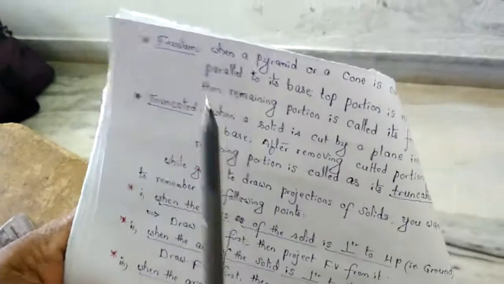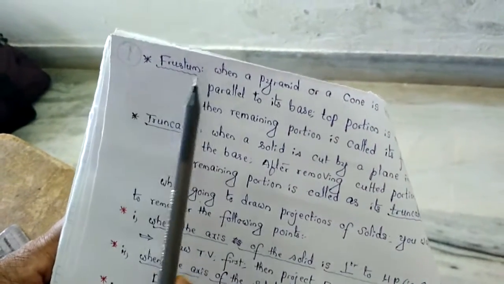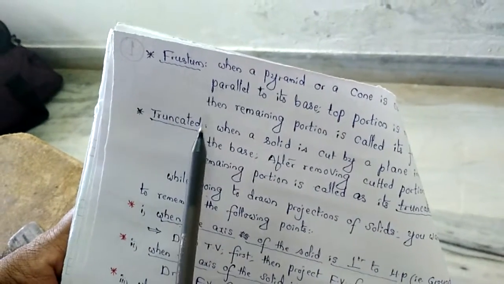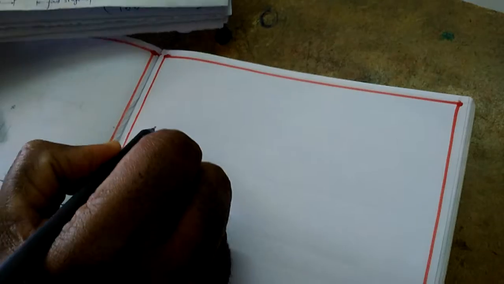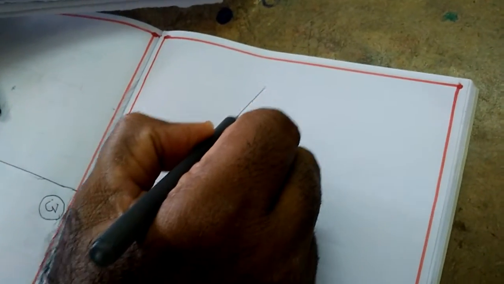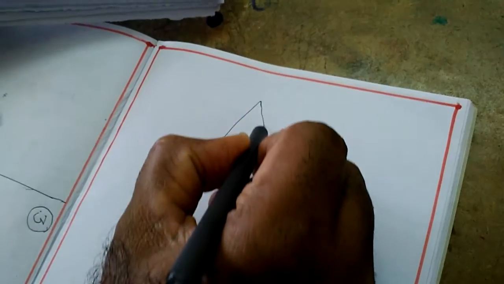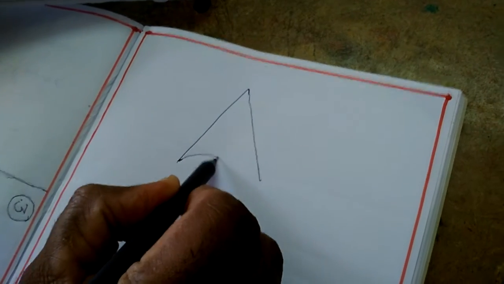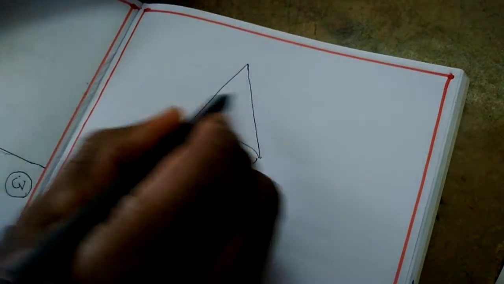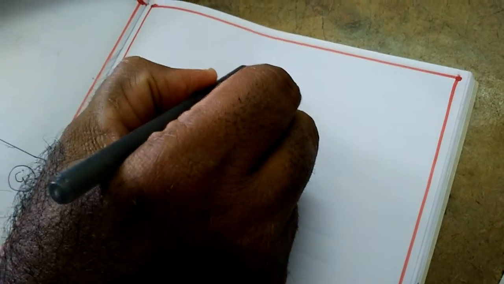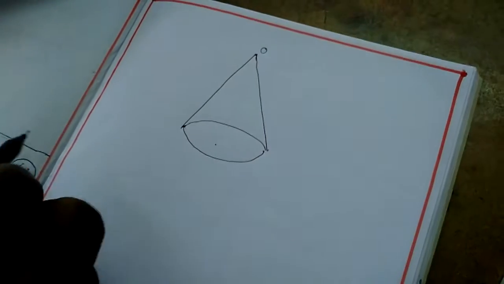Now in these solids there are two different types: one is frustum and one is truncated. Frustum is nothing but, suppose you take any cone. This is the base, this is the lateral surface, this is the apex.